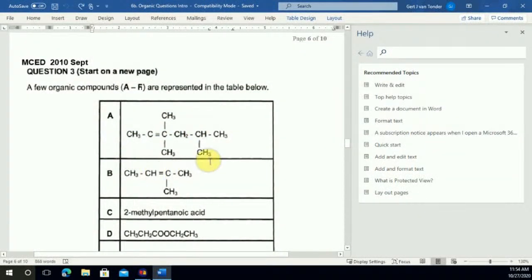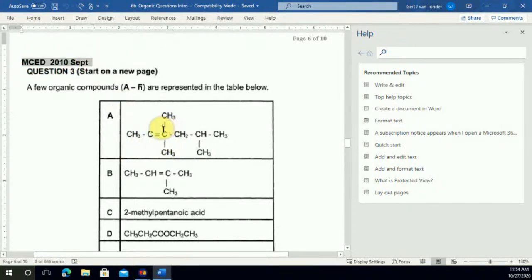When we look at this molecule, I wrote the CH3 on the board, I wrote the C on the board, and we notice that this particular carbon, for some reason or other, has 6 bonds. Can you see that? There's the carbon, there's 3 bonds over there, 4, 5, 6. Now that is impossible because of what I told you yesterday, the rule of 4. So that is an error in MCED 2010.